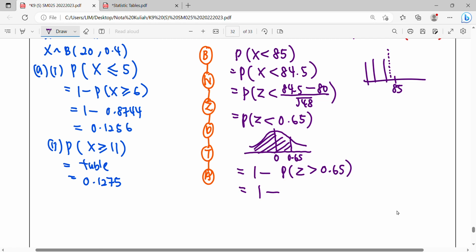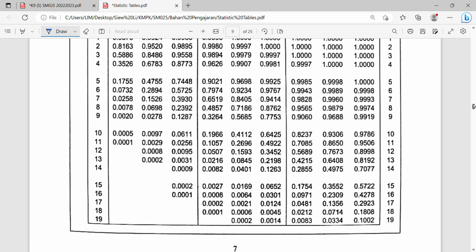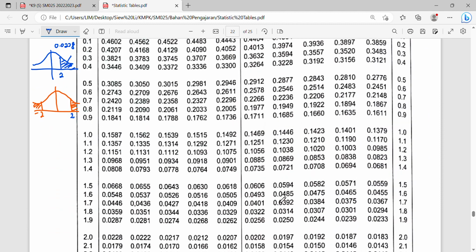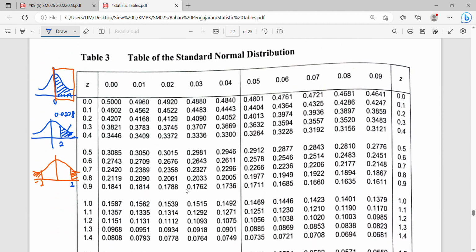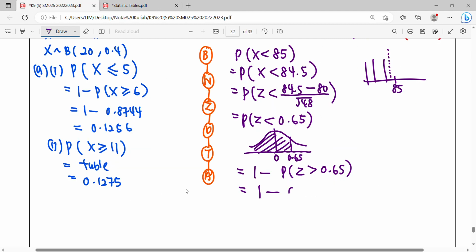Okay, so we read out our normal table, 0.65, 0.65, 2578. Alright.